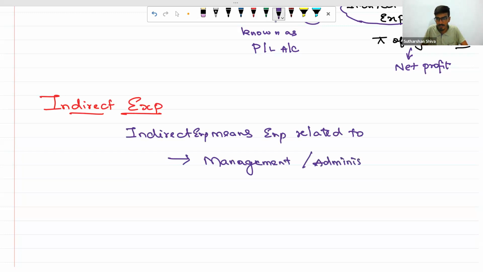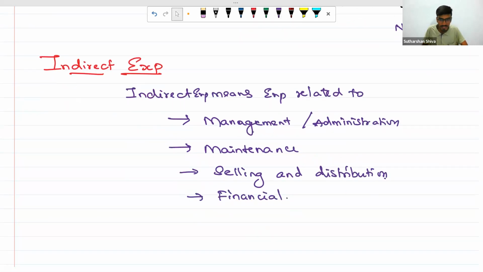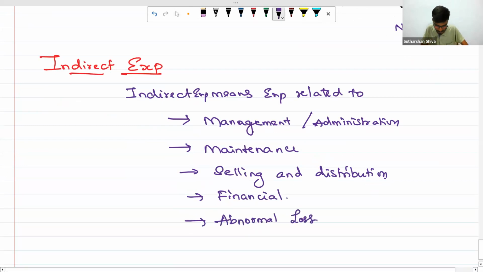Any expenses which I am committed to do for administration will be treated as indirect expenses. Then maintenance expenses, then selling and distribution expenses. Any financial costs, like interest paid, bank loan interest, that is financial expenses. Then any abnormal loss you have taken, that we will consider as an indirect expense.